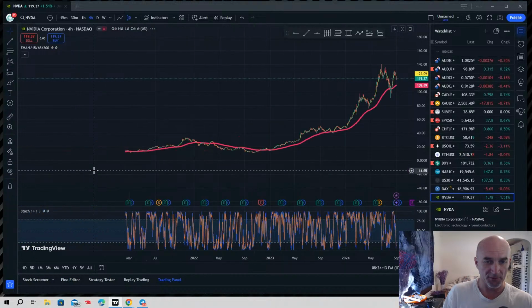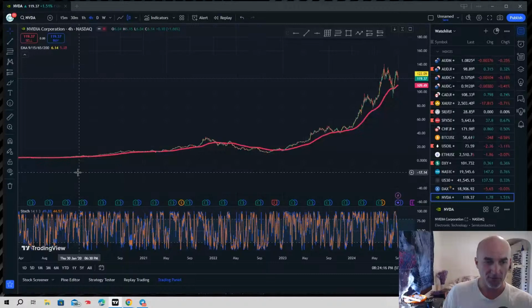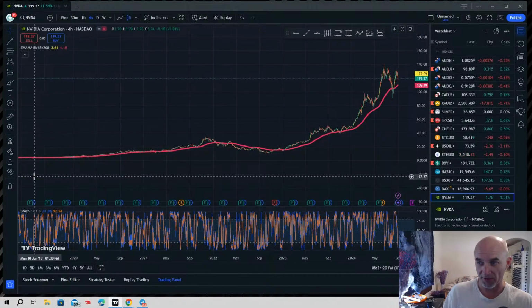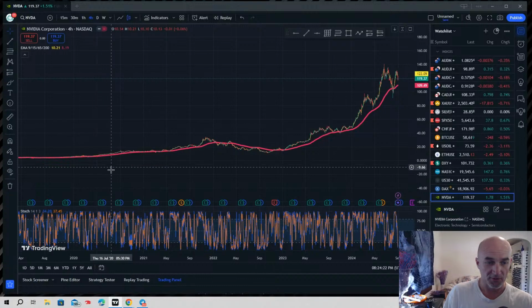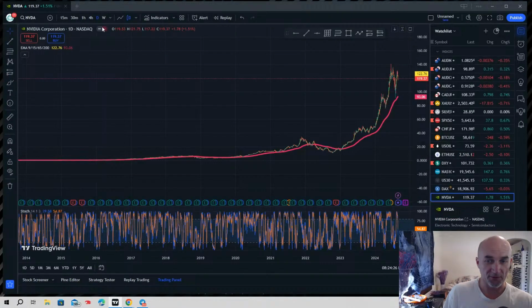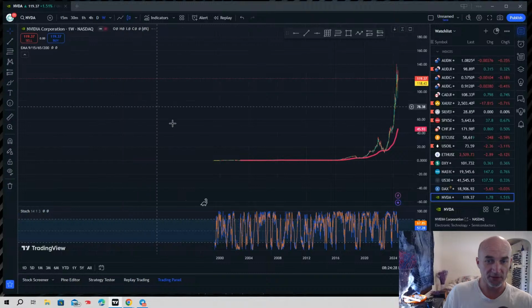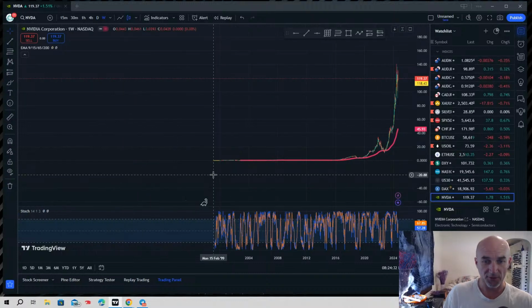So anyway, what I'm trying to show you with that is that you can go all the way back to the past. Change your time frame, dailies and weeklies. You can go all the way back to 99, probably when it started.